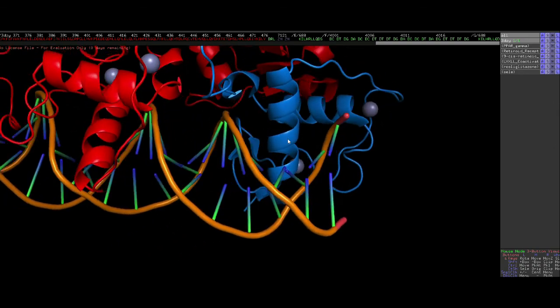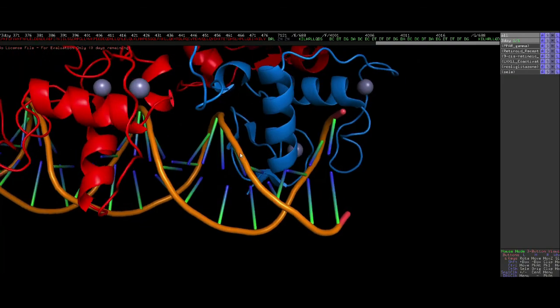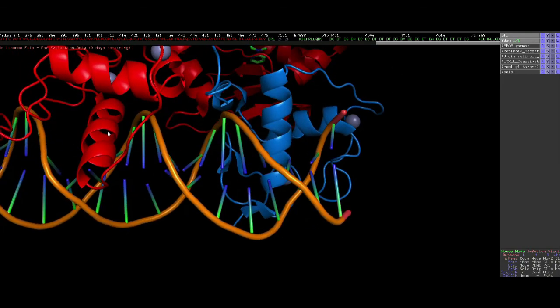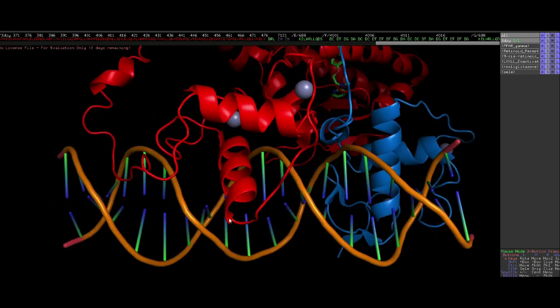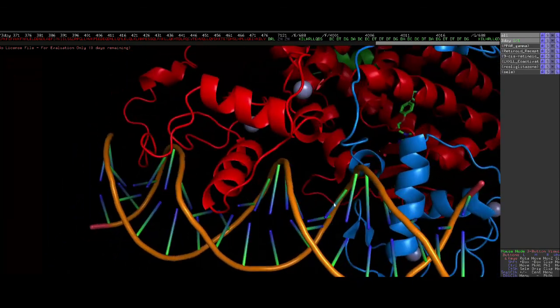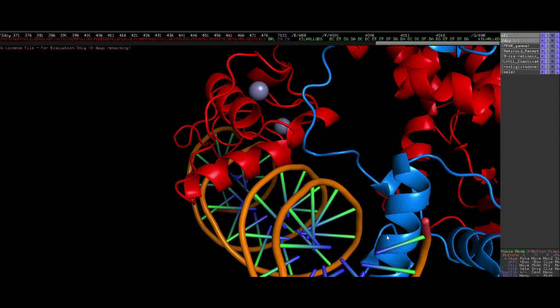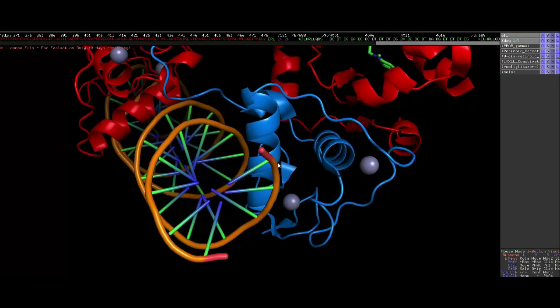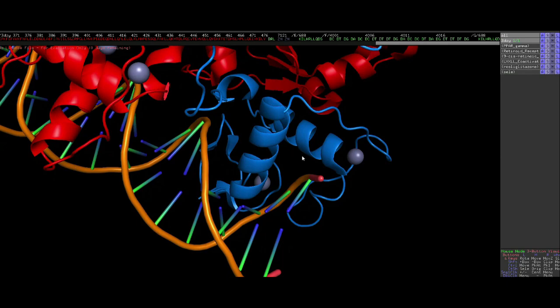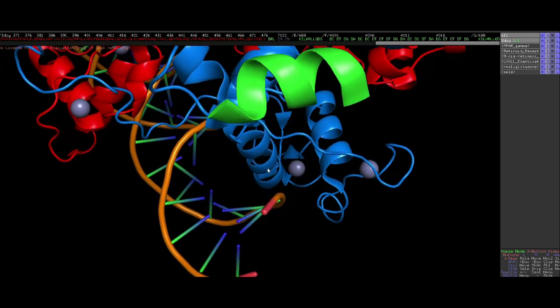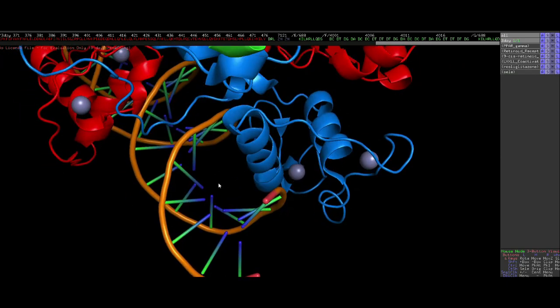So you can see the DNA structure here, and you can see these things going into the major groove of the DNA. And you can see these little balls here are zinc ions, and so these are sometimes called zinc fingers because they have zinc and they're kind of like little fingers poking into the DNA here.